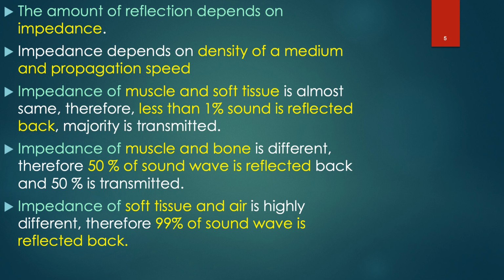Impedance between muscle and bone is a little bigger, so 50% of the sound wave will be reflected back. Impedance between soft tissue and air is very big, and that's why 99% of the sound wave is reflected back, and that's the reason why when we scan with the transducer with no gel, we don't see an image on the screen.